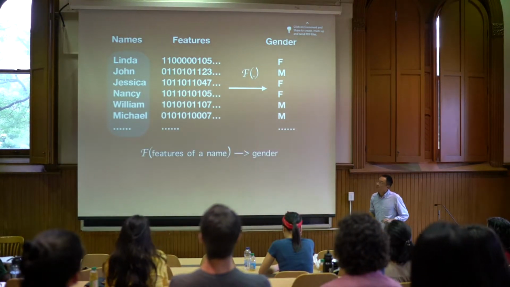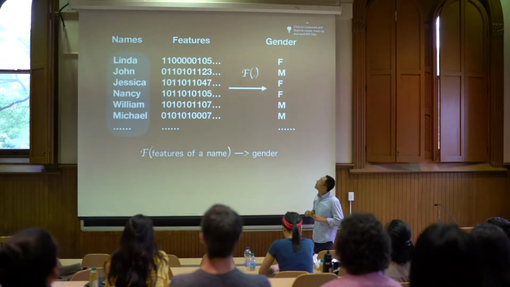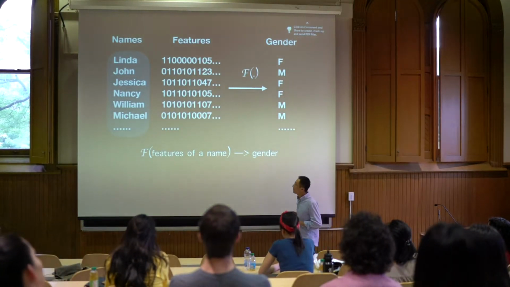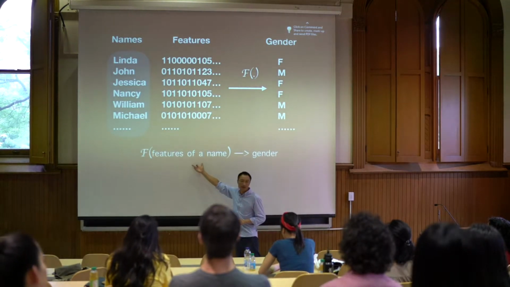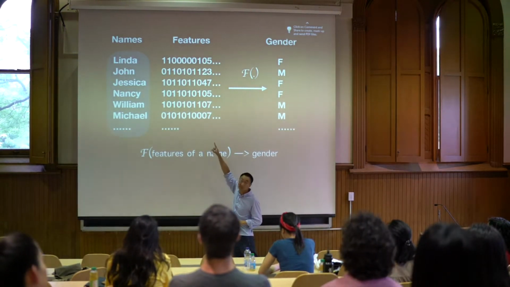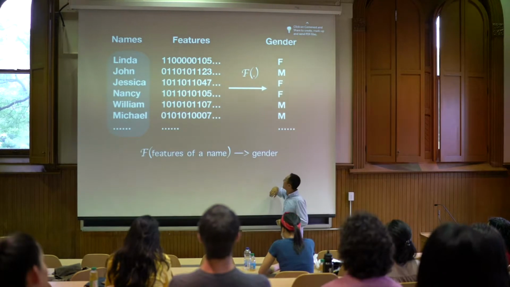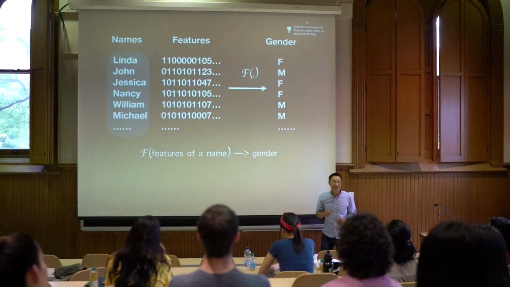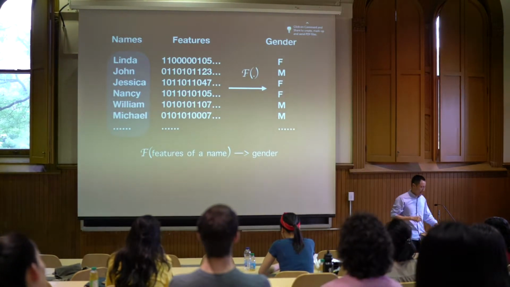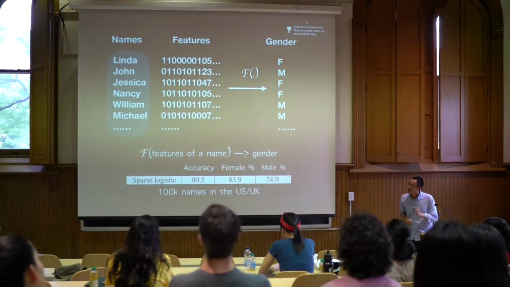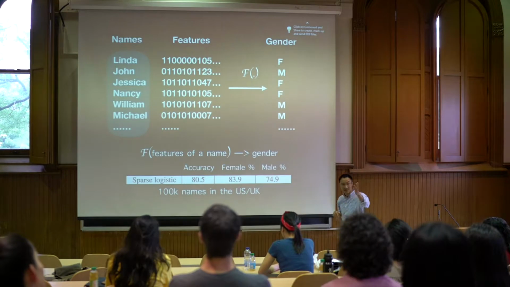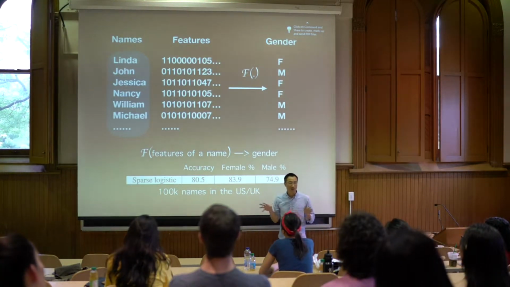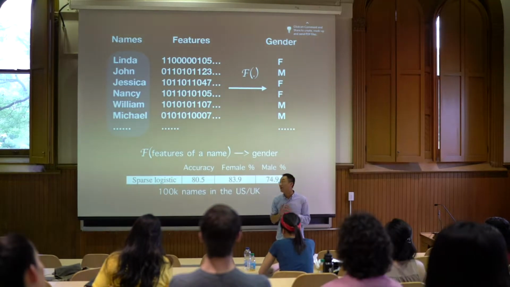So the goal of this machine learning approach is to learn some sort of function that, given a certain input, which is a set of features for a name, this string of numbers, figures out what the gender is. We end up with a very simple model known as sparse logistic regression. I'm not going to go into that.